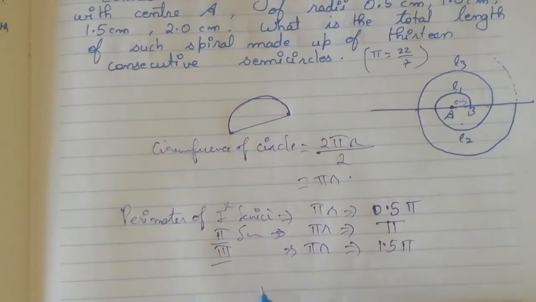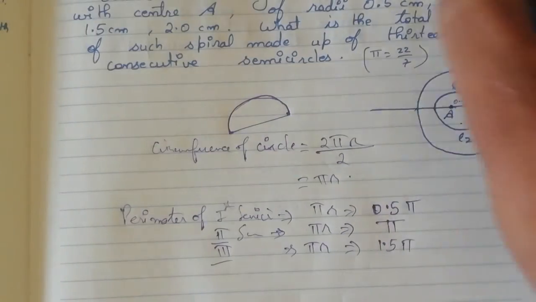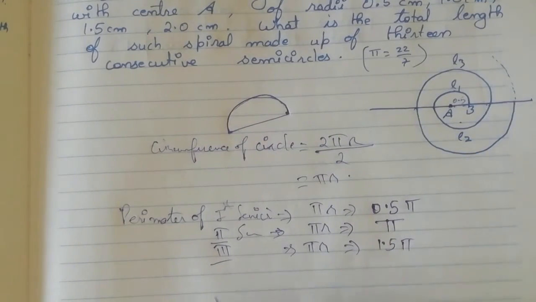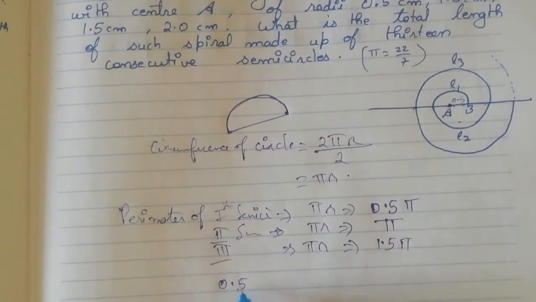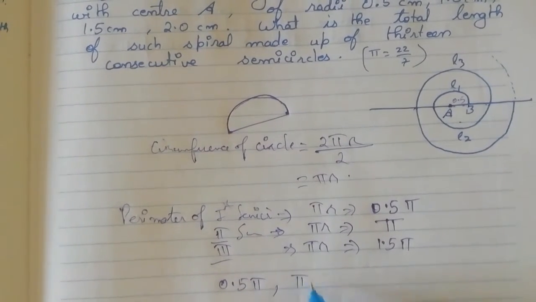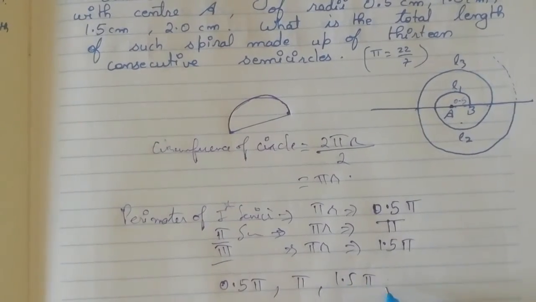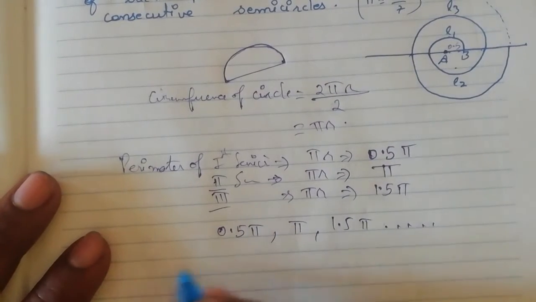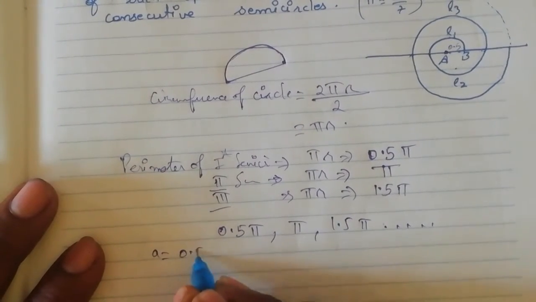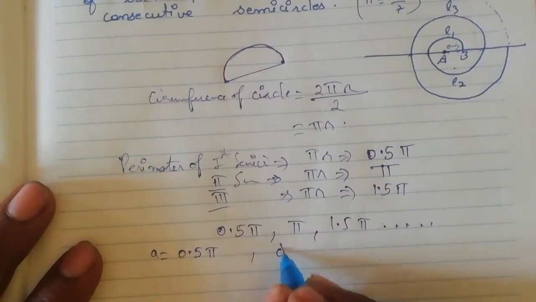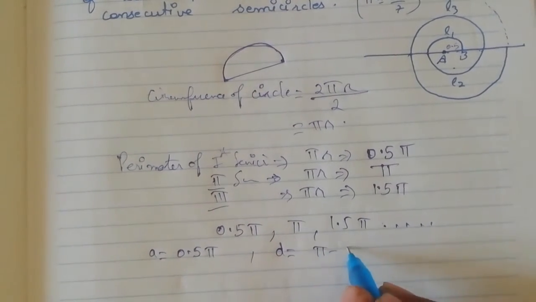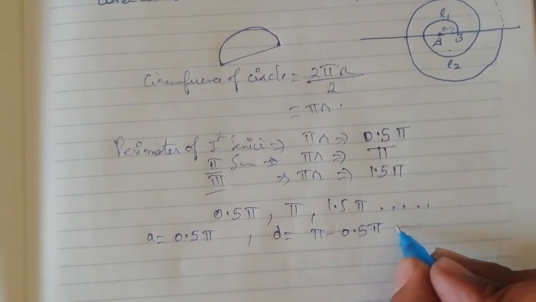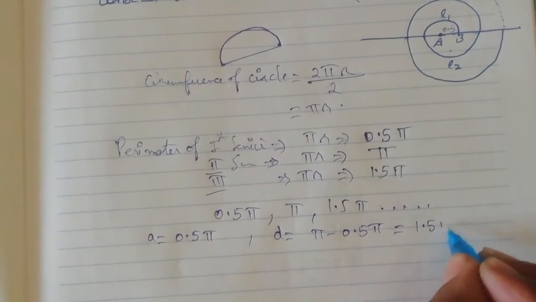So here we have a series. Look, the spiral is going continuously to make such semicircles. So here we have the series as 0.5 pi, pi, then 1.5 pi, and so on. Can you imagine that our first term is 0.5 pi, and d is pi minus 0.5 pi, which is the second term minus the first, or also 1.5 pi minus pi.